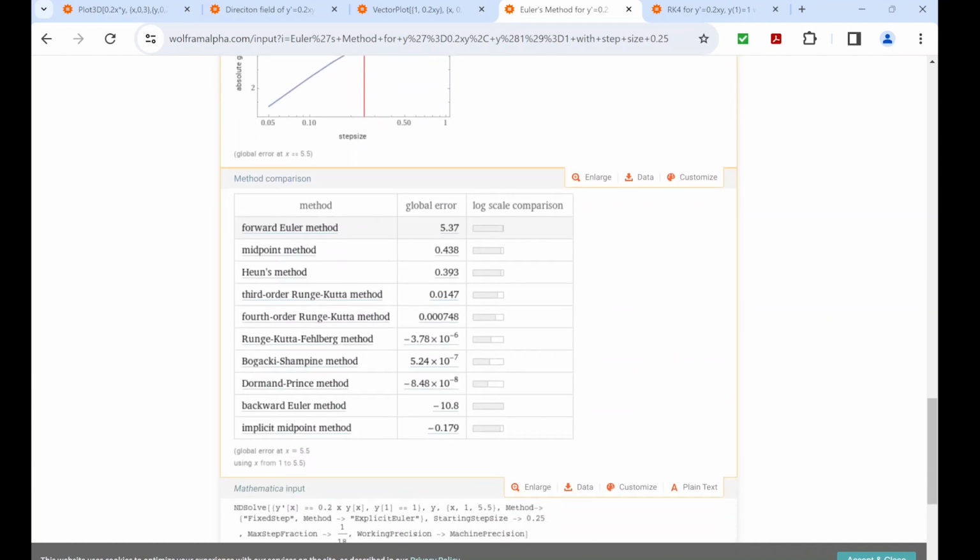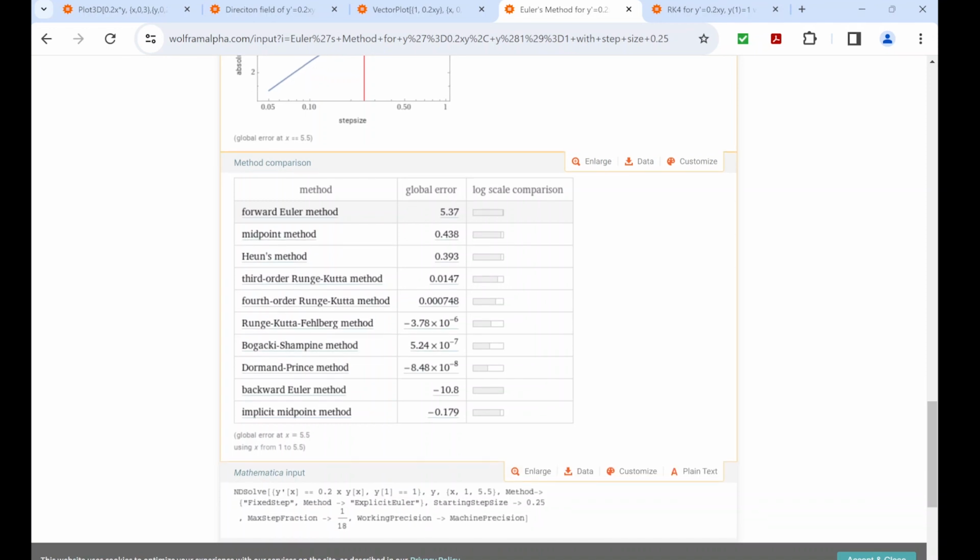It shows you how good these various methods are for solving. You can see the Euler method has a pretty large global error. And this Dormand-Prince method has really small error. Runge-Kutta methods, the third order Runge-Kutta method, for example, has fairly small error, nothing compared to the other ones there.